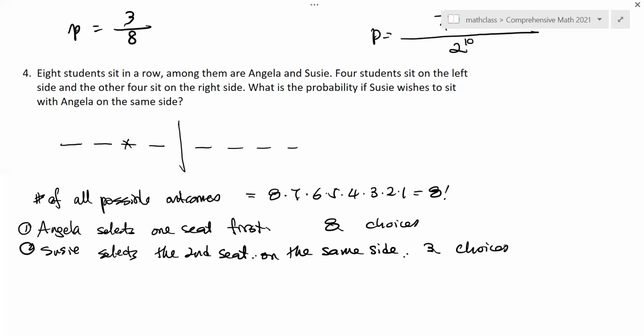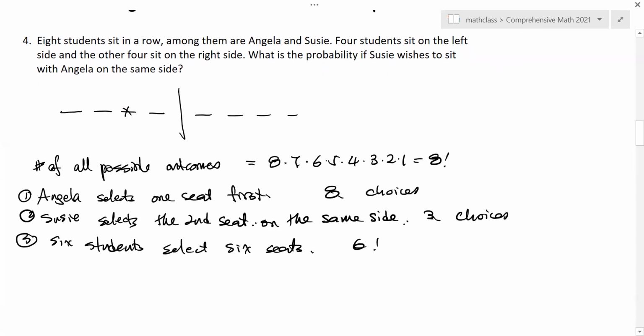It doesn't matter how you do it, right? So third, 6 students select 6 seats. So that will be 6 factorial many choices. It's the same, right?